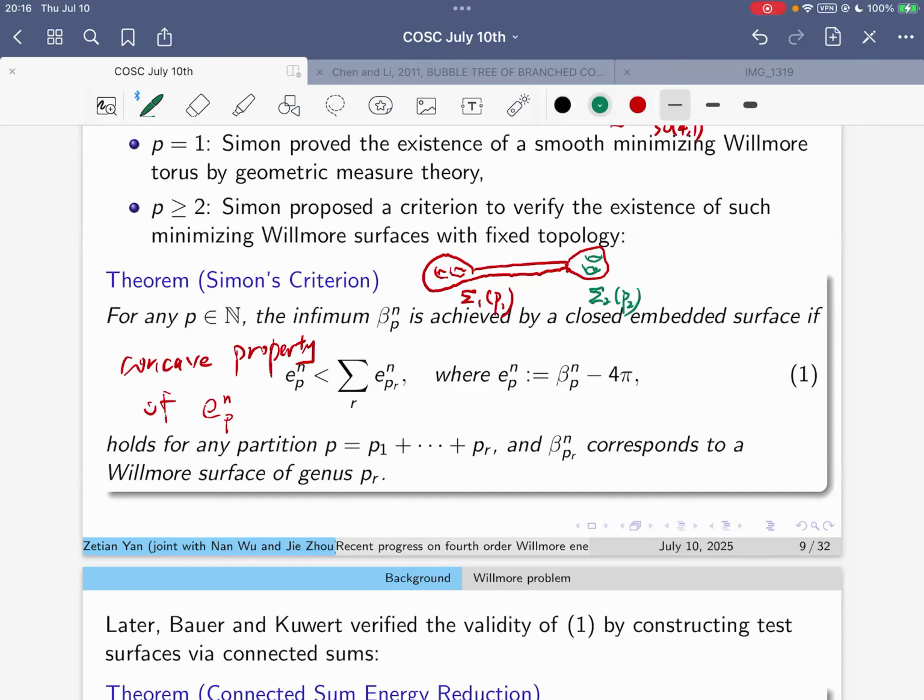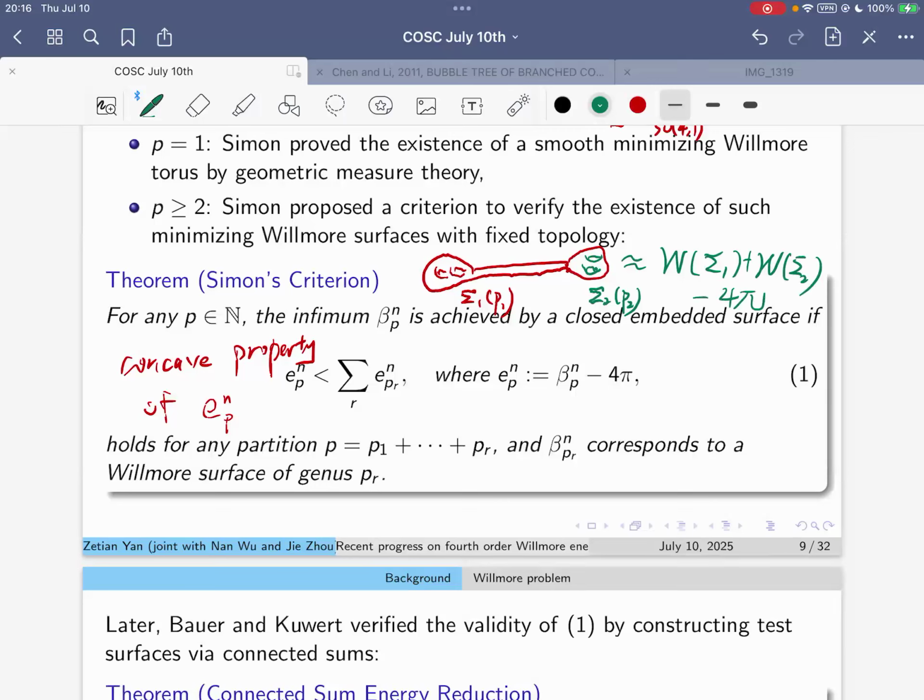And if we lose the right part, in the middle we will use a very small neck to connect this part, such that the Willmore energy of this connect sum is approximately sigma 1 plus sigma 2 minus 4 pi.